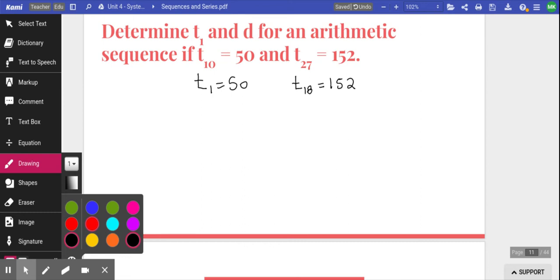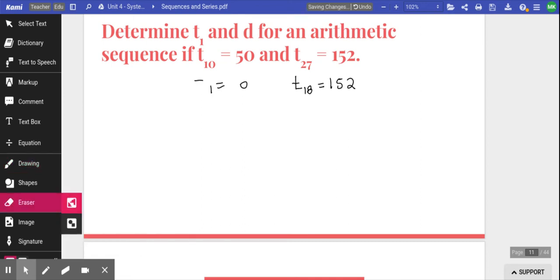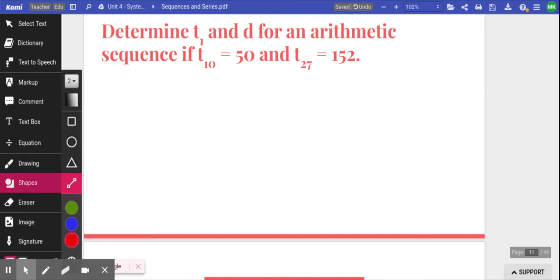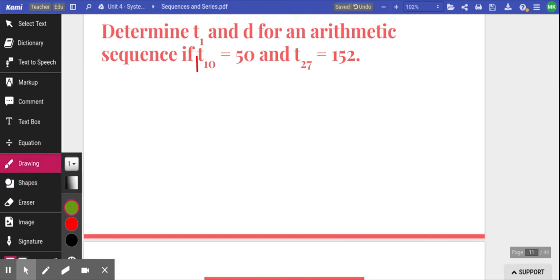The more mathy way to do it is to use systems of equations. So each one of these values gives me a formula. T of 10, for instance, which is 50, equals the first term plus 10 minus 1 times d.